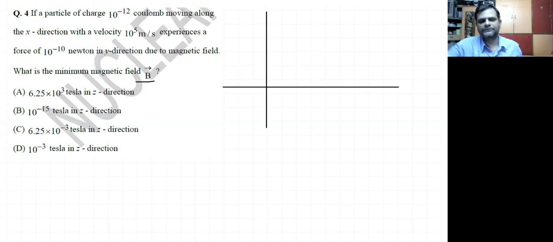So the velocity of the particle can be shown like this, with the velocity given here already, that is 10⁵ meter per second. And it experiences a force in the y direction. So the force acting on this particle is going to be in the y direction, in this direction.